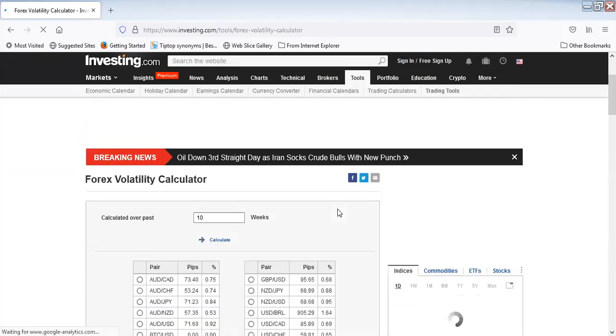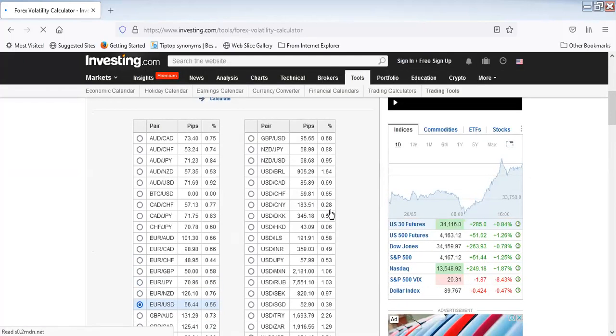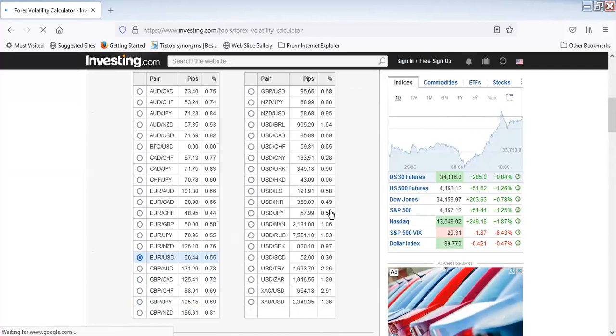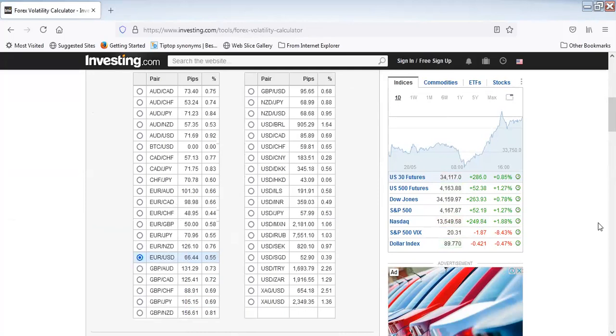Now, when you scroll down, you will see some pairs. Like I said, a pair is a combination of two currencies. And if you look at it, you see GBP, AUD CAD, you see AUD CHF, blah, blah, blah. Now, you know what this means, class? It means that AUD CAD is only assigned 73.40 pips for that week.